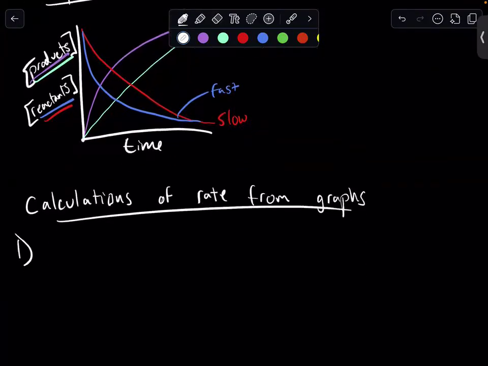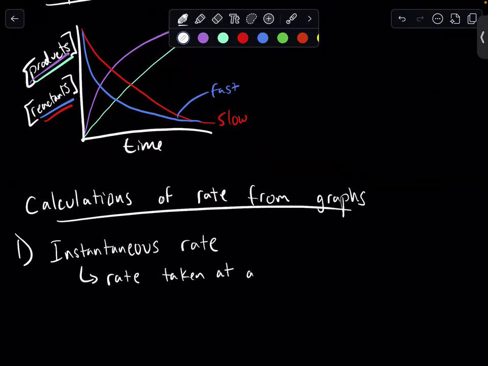The first type we can do is what's called an instantaneous rate. That is the rate taken at any point in time.